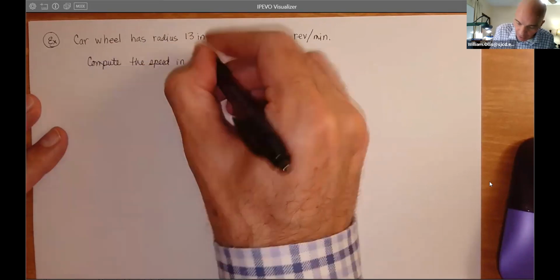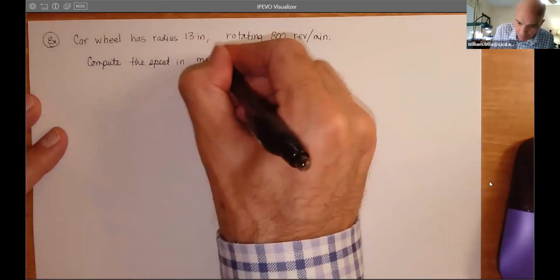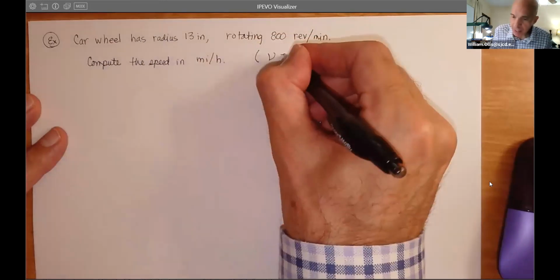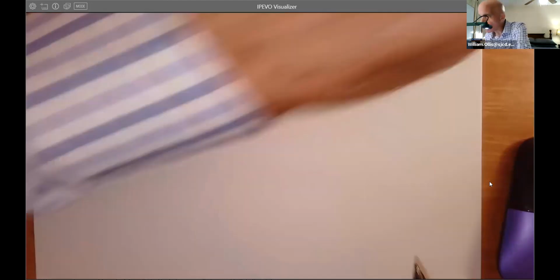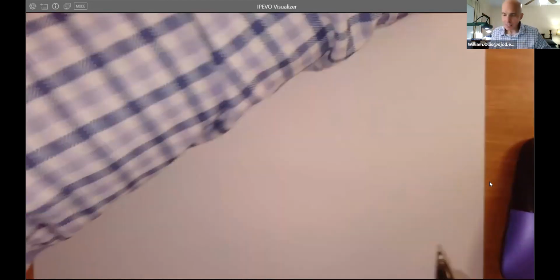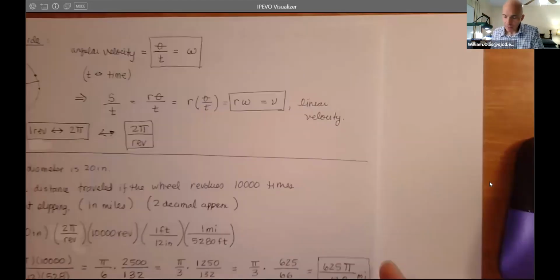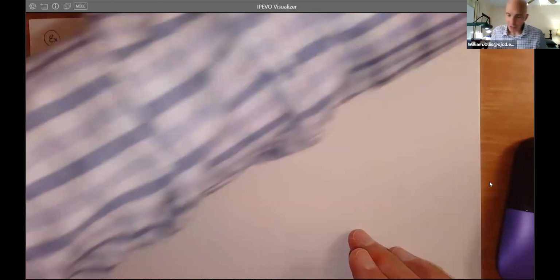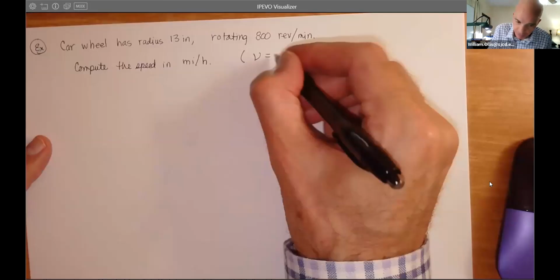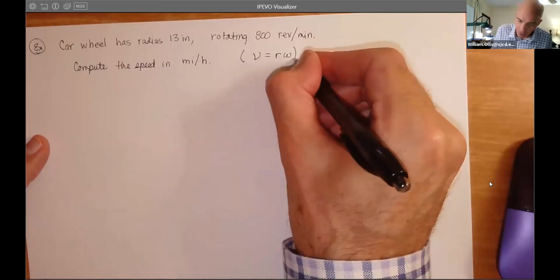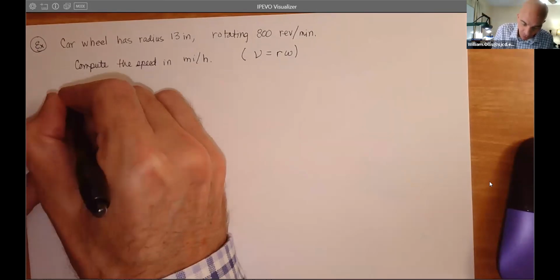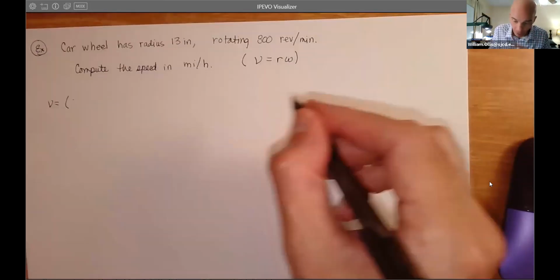in miles per hour. And remember, we know that speed, and over here we got this nice formula. V is R omega. So we remind ourselves R omega. So V, and of course miles per hour.